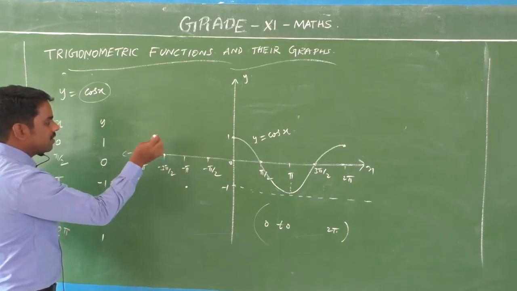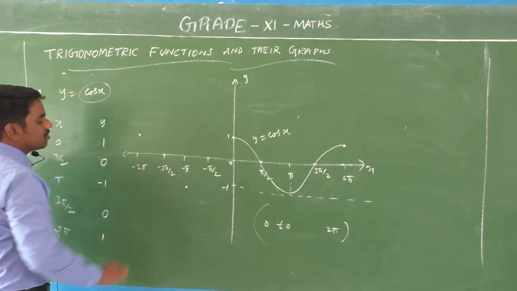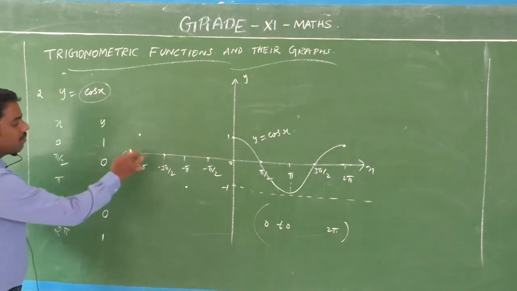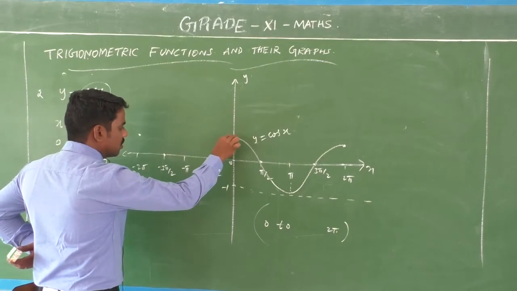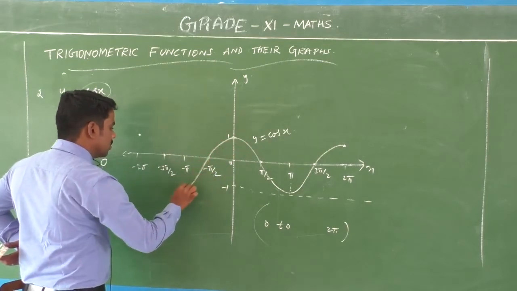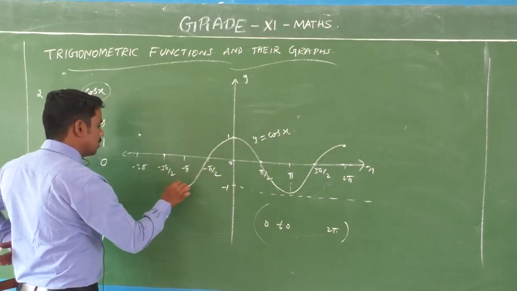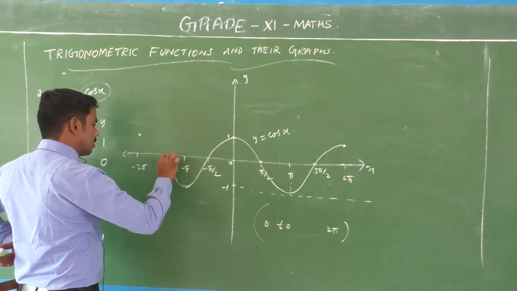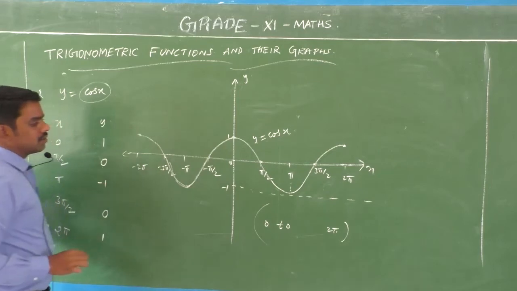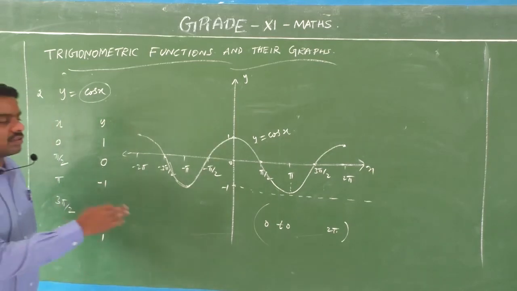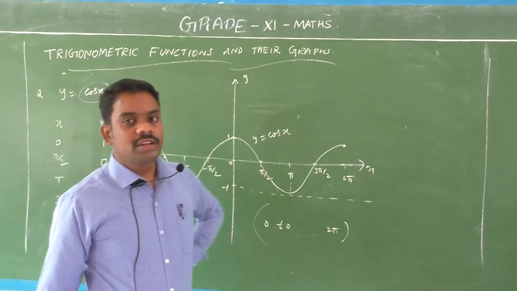Cos minus 2 pi is 1, so (minus 2 pi, 1). Joining these points, this is the y equal to cos x curve.